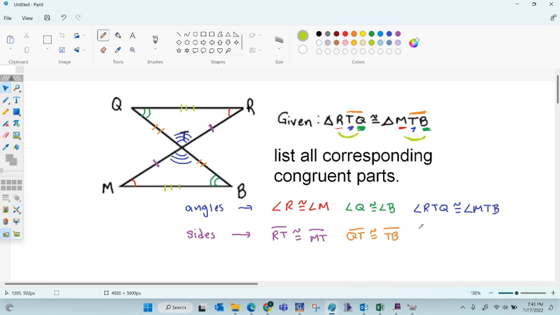It's also the only side that's left, so it has to be congruent. QR is congruent to MB. All right, so listing all of the corresponding parts, we have 3 pairs of angles and we have 3 pairs of sides. So that's an important thing that you're going to need to be able to do.